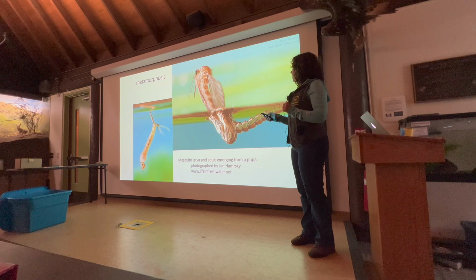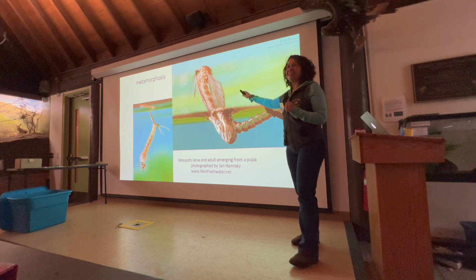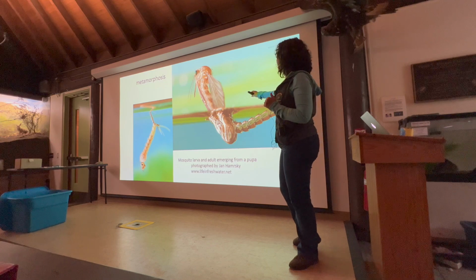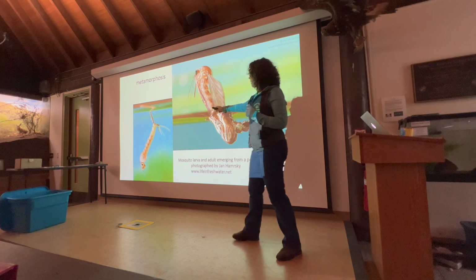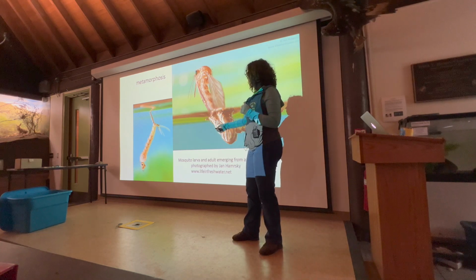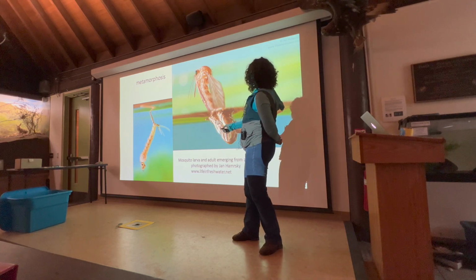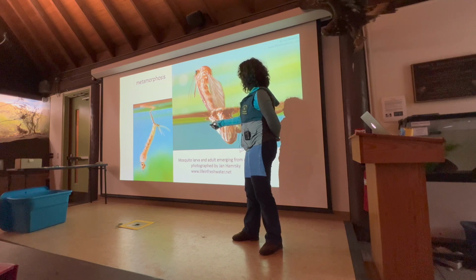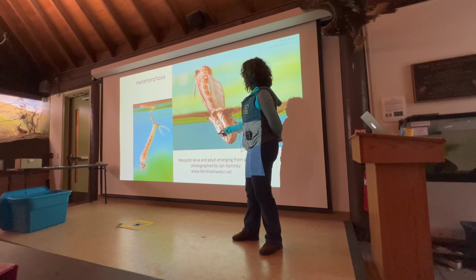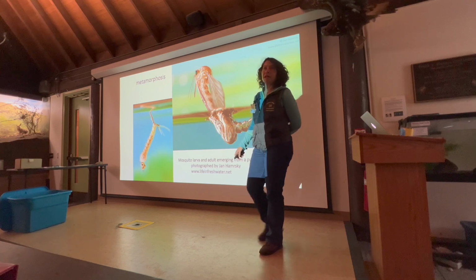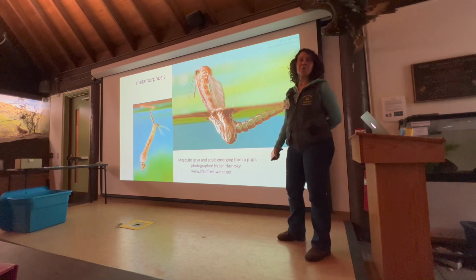So not everyone finds this metamorphosis so exciting once you know what it is, but it's really interesting to talk about, right? The mosquitoes start out as, we don't have a picture here of the raft of eggs, but they spend a lot of time in this wriggler stage with a little snorkel that they use to get air from the surface, which is super interesting.